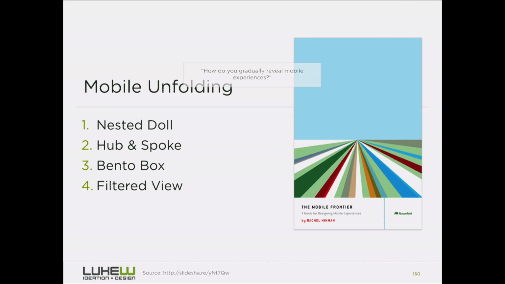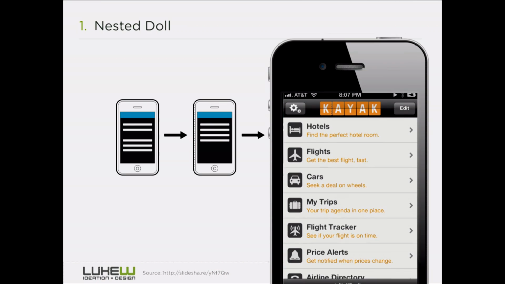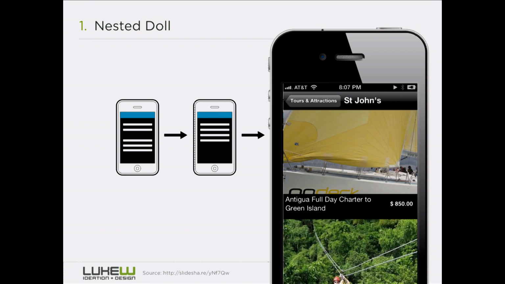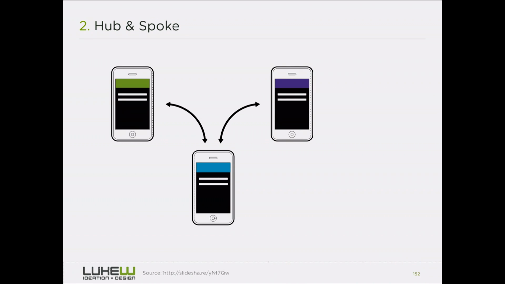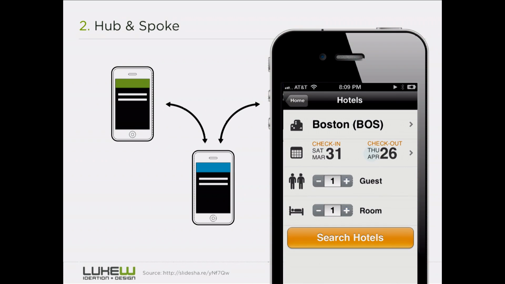Yeah, so rather than answering this too deeply, I'll point you to a couple experiences that Rachel Hinman lays out in Mobile Frontier for this premise of mobile unfolding. She has a couple patterns called the nested doll, which is the linear one. There are hub and spoke patterns, which work a little bit differently.